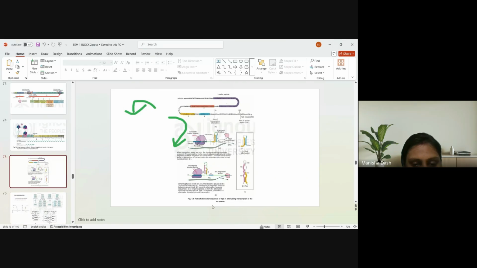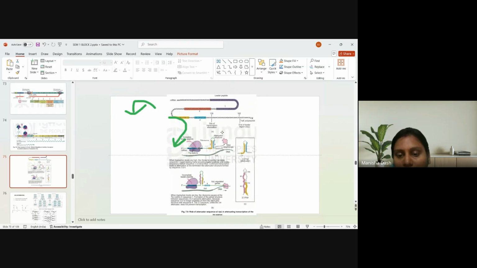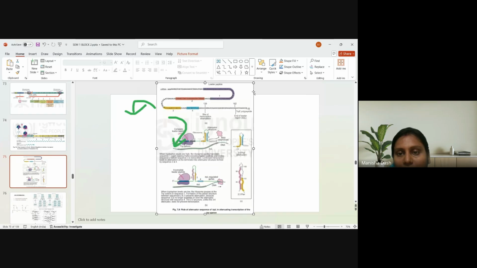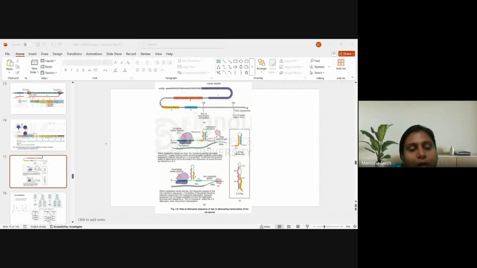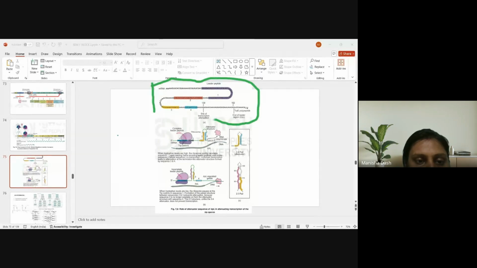Now, there is a unique concept of attenuation of the tryptophan operon. So, what is attenuation? Let's understand what is meant by attenuation. So as you can see here, this tryptophan operon is having the tryptophan mRNA, which has a leader peptide, or it is called a leader sequence.